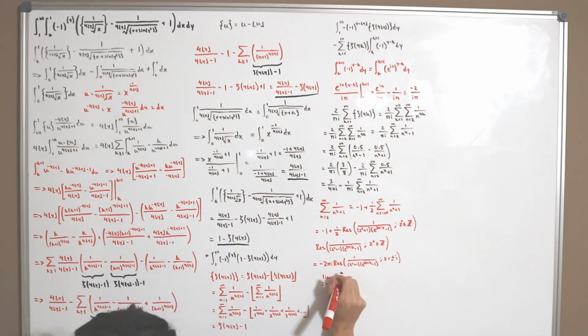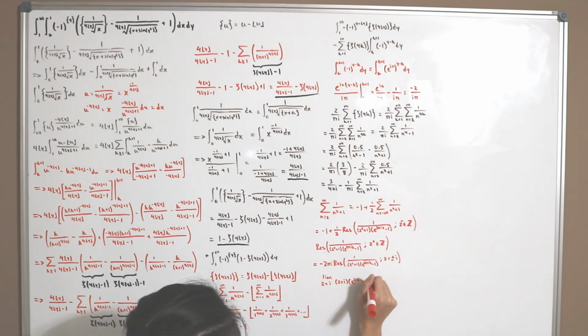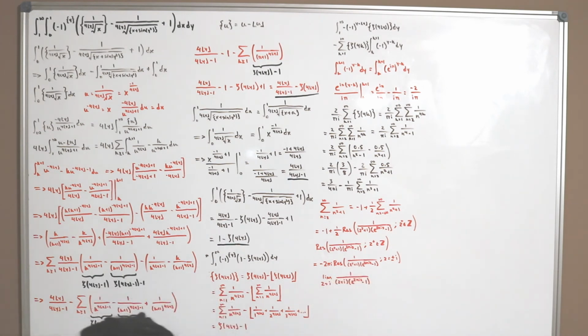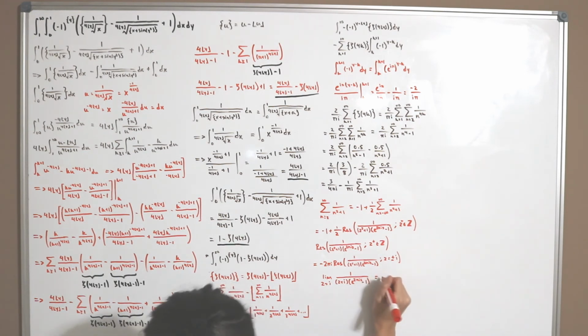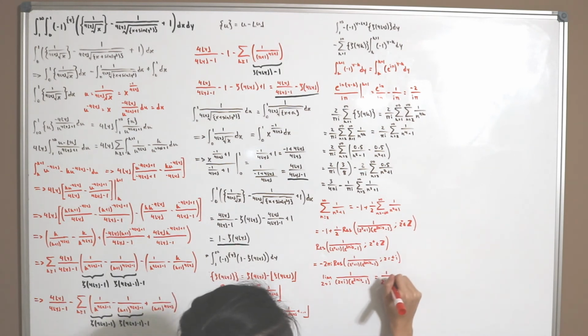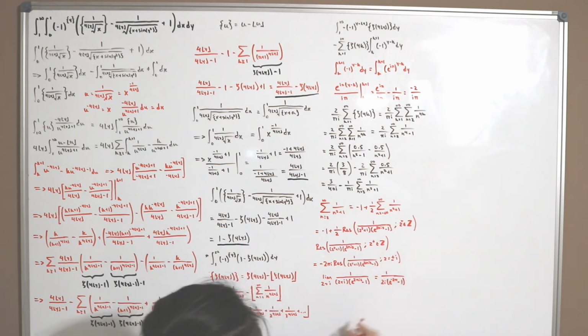So z approaches I. This is basically z plus I, and then e to the 2 pi z minus 1 divided by 1. Okay. And simply put, that's just equal to 1 divided by 2i, and then multiply by e to the -2 pi minus 1. Okay.